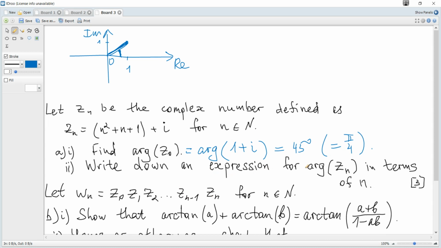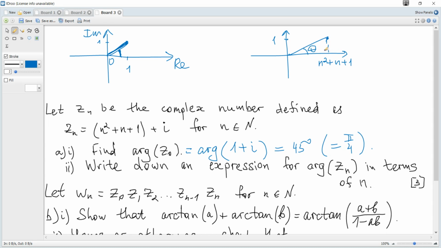Write down an expression for the argument of z_n in terms of n. In general, since n is 0 or any positive integer, the given complex number is always in the first quadrant. The x coordinate is n squared plus n plus 1, and the y coordinate is 1, and we need the angle theta.